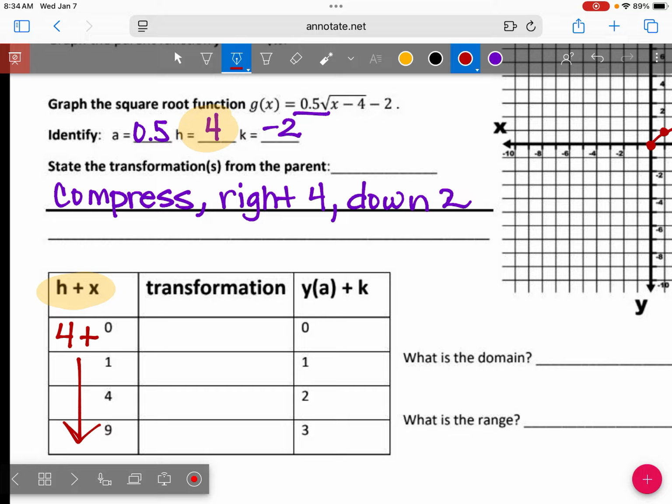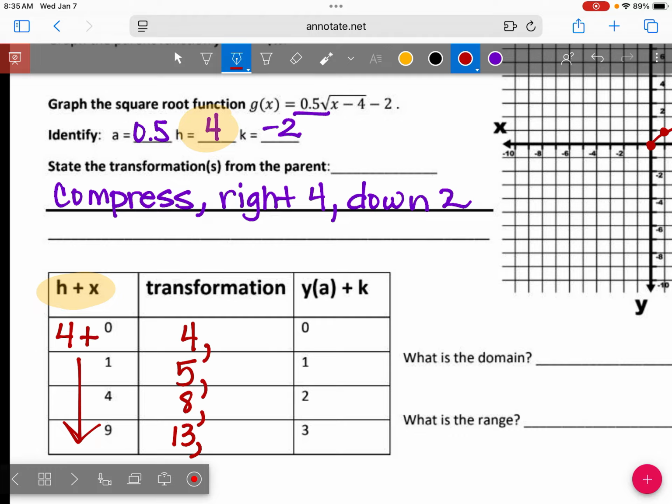So you got 4 plus 0, 4 plus 1, 4 plus 4, 4 plus 9. All right, so that would be a 4, 5, 8, 13.